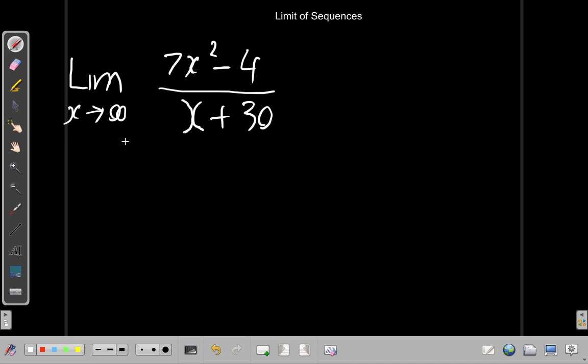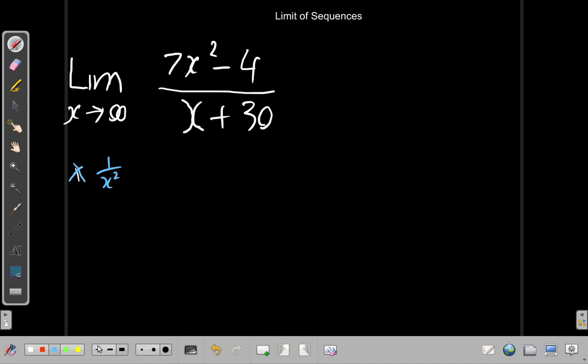Suppose you multiply both numerator and denominator by 1 over x squared. Up here you have 1 over x squared, down here you have 1 over x squared. But guess what? 1 over x squared cancels itself. So it's like multiplying by 1.